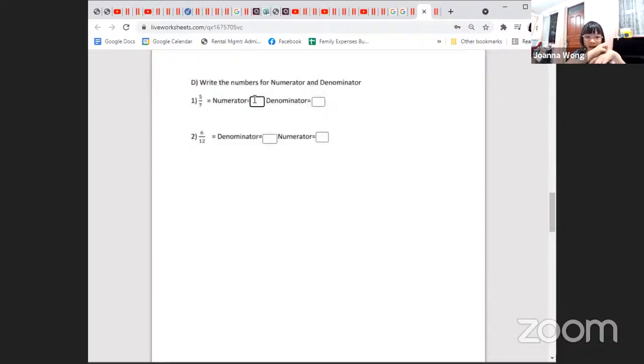Number. Denominator. Number down. Down. Numerator and denominator, do you remember? So which is numerator, which is denominator?